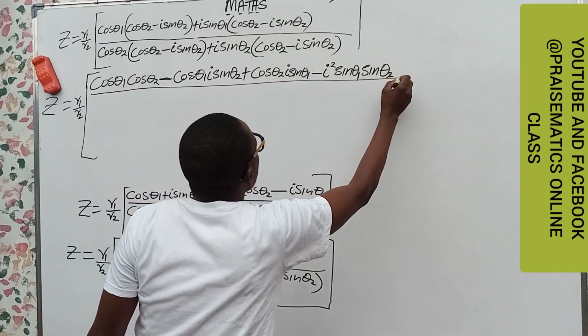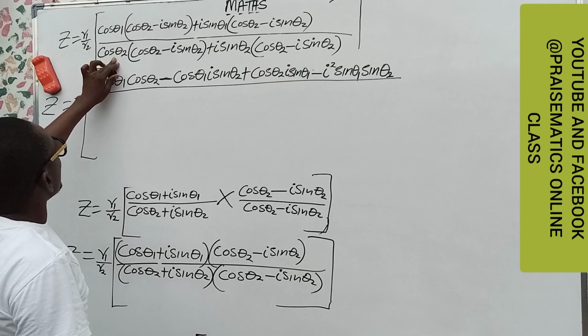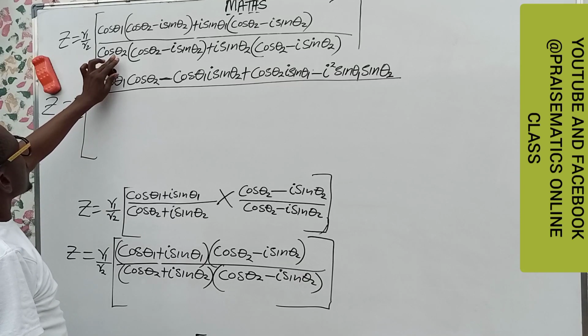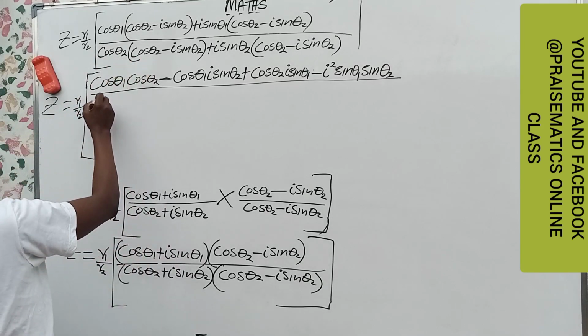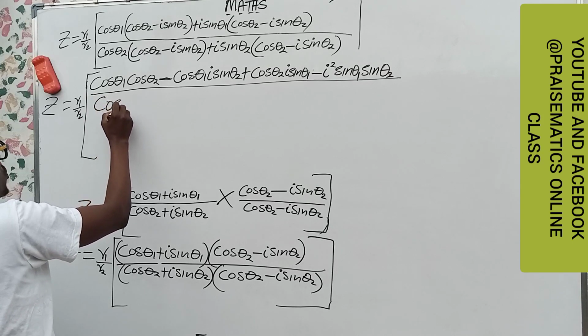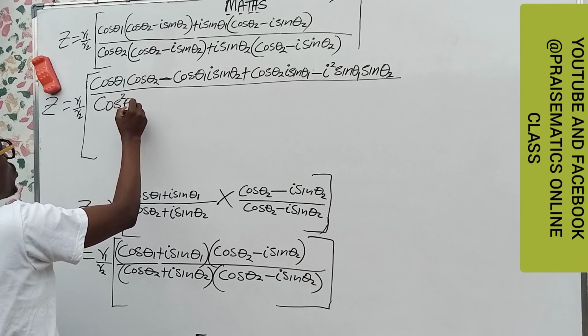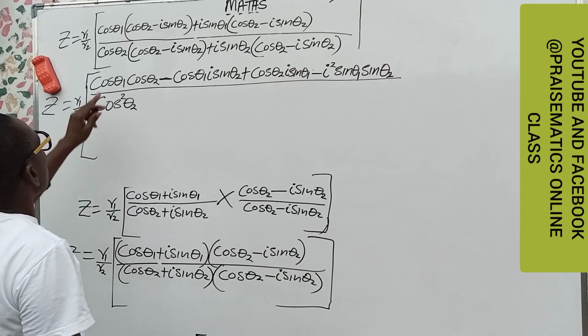All over, now let's go. Cos theta 2 times cos theta 2 will give us cos square theta 2.